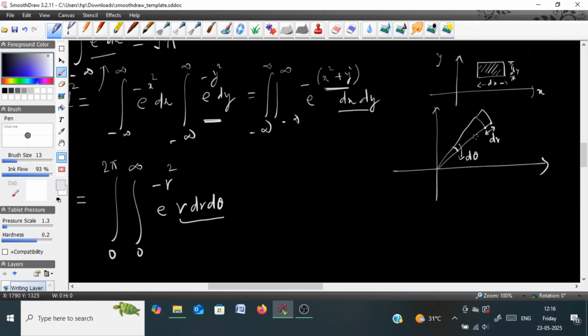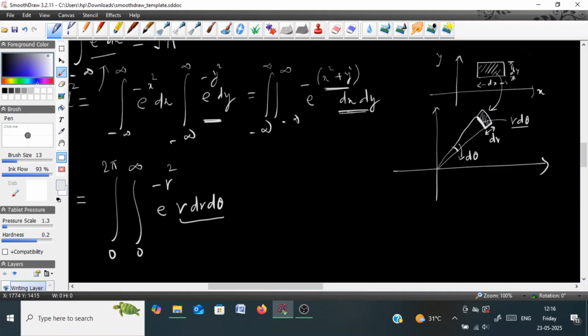Okay, likewise, when you replace the coordinates of the system from xy to r theta, this area which is represented by dx and dy here will be represented by this part, approximately. So you have to multiply this dr with the length of this arc, and the length of this arc will be basically r d theta.